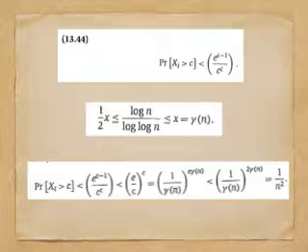Thus, applying the union bound over this upper bound for x1, x2, x3, and so on to xn, we have the following.